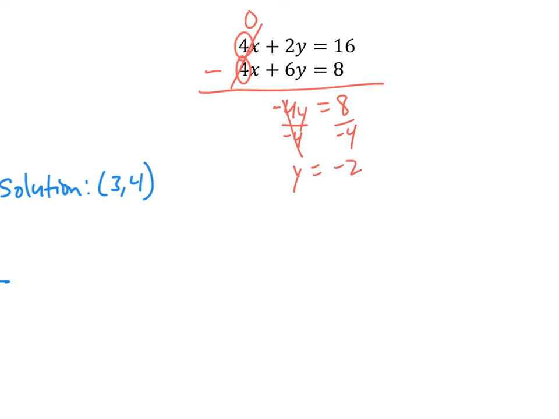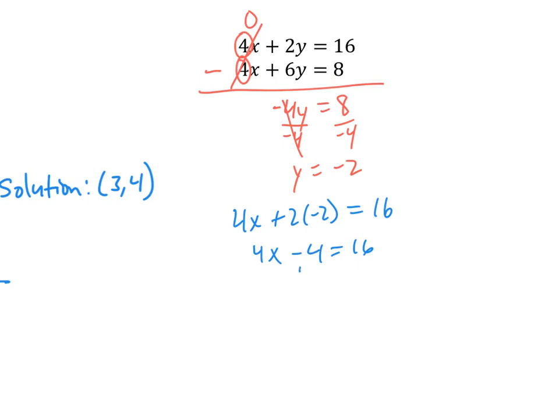Now I solve for y by dividing by negative 4 on both sides to get that y is equal to negative 2. All right, now that we solved for y, we can substitute the negative 2 back into, let's say, our first equation for y. And that's going to equal 16. So 4x plus 2 times negative 2 equals 16. And then we have 4x minus 4, because 2 times negative 2 is a negative 4, equals 16.